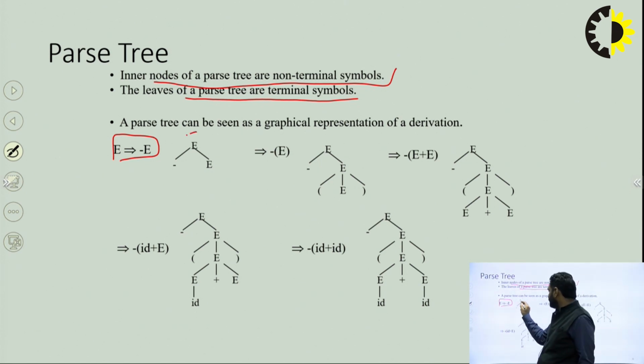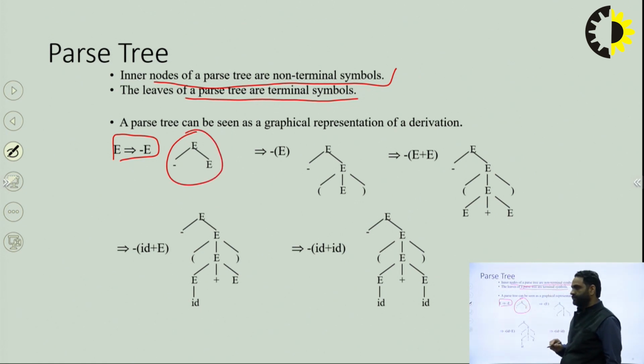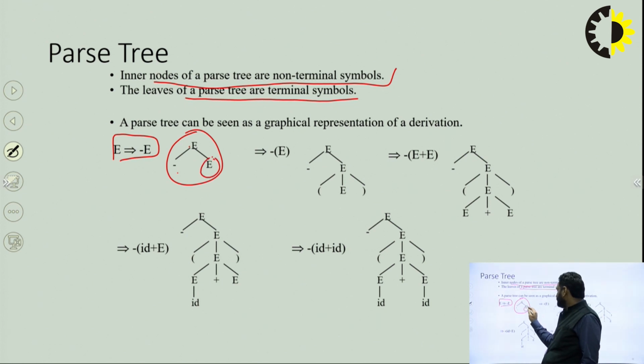So we can convert it into a single tree hierarchical structure in which we start with E. So E is replaced by two symbols. The first, left symbol is minus, or we can say unary minus, and the second symbol is E. So this is converted to this one.